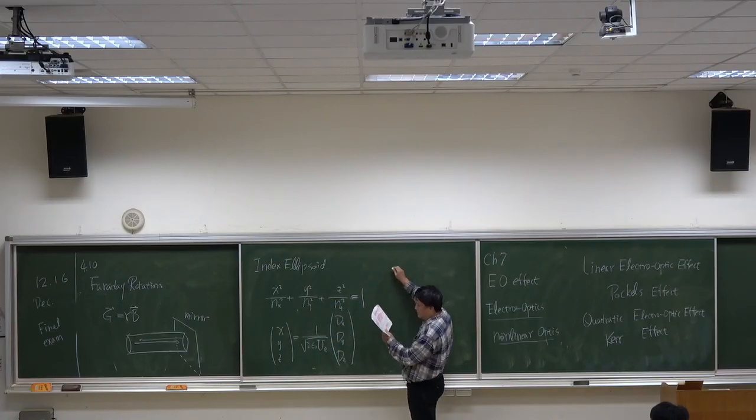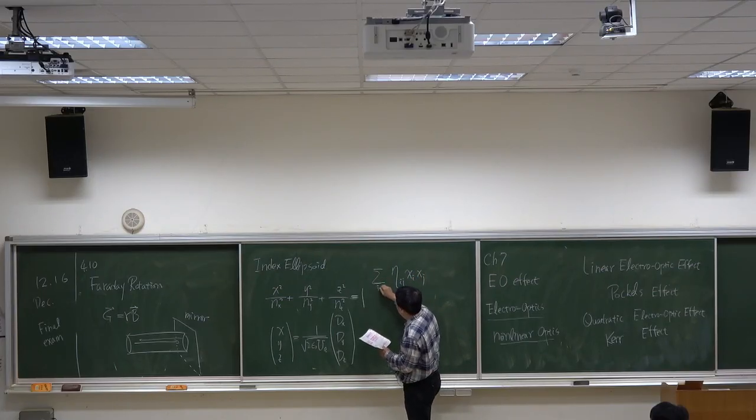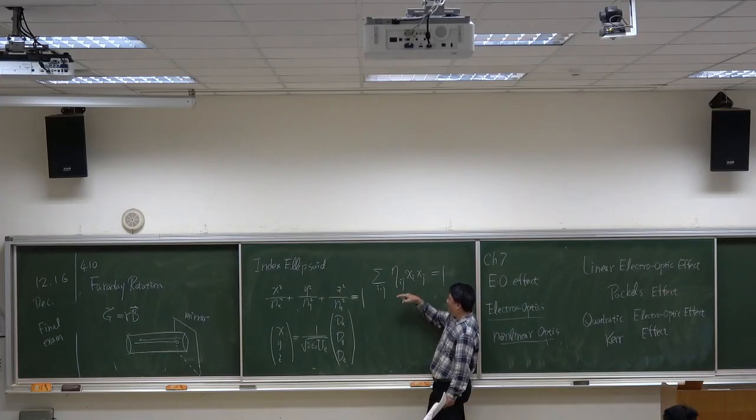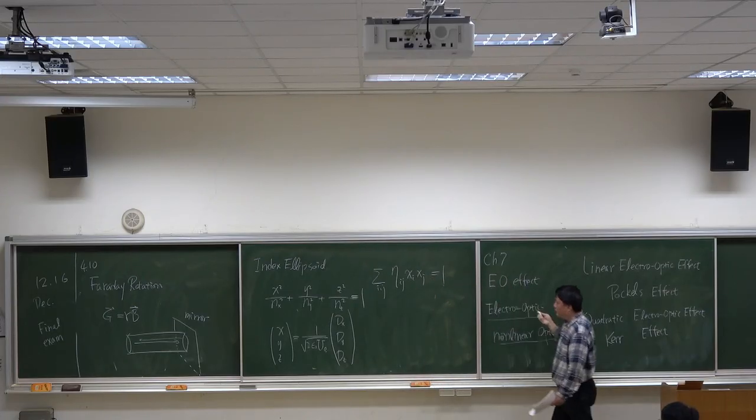This equation in general can be written as eta ij times xi times xj, sum over ij, equal to 1. Okay, j runs from 1 to 3, i also runs from 1 to 3.